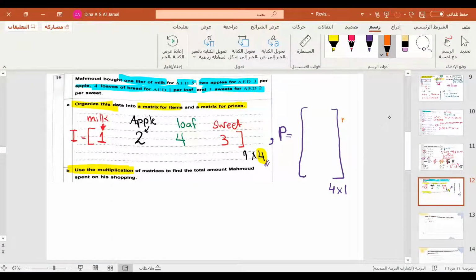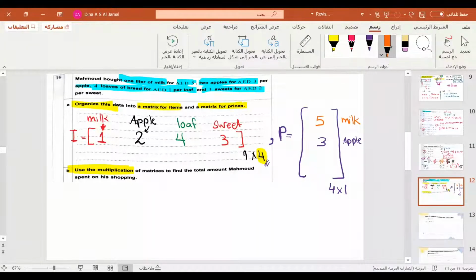Great. Now let's think of the prices. Now for the milk. What was the price? You are having 5 dirhams. Now, for the apple, what was the price? 3 dirhams per apple.